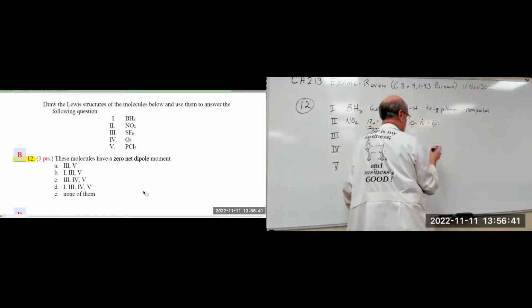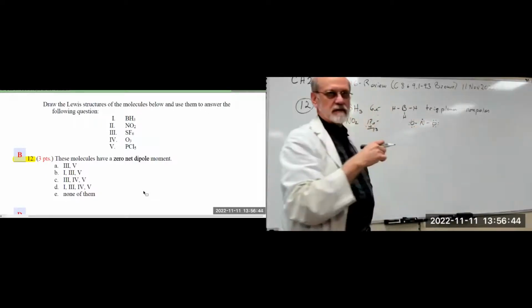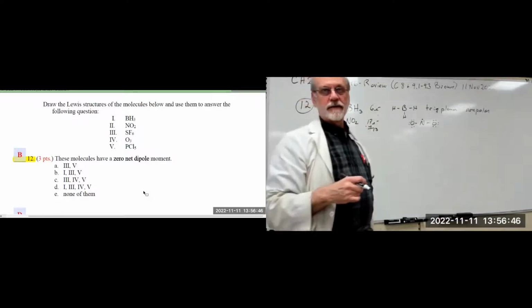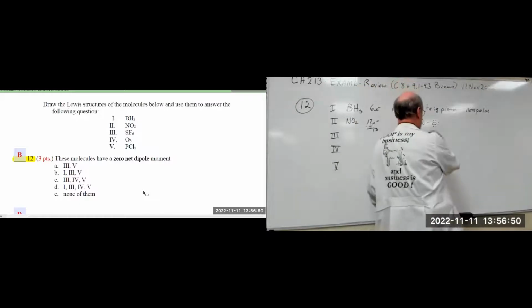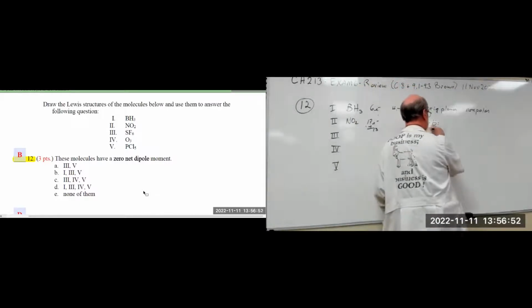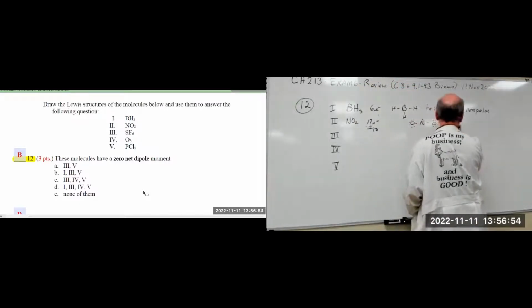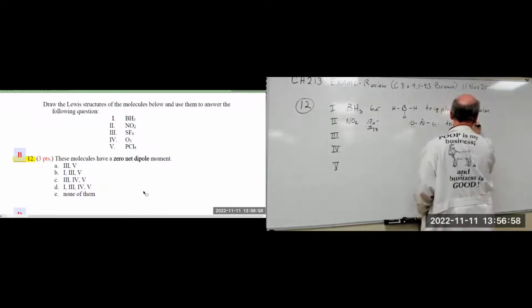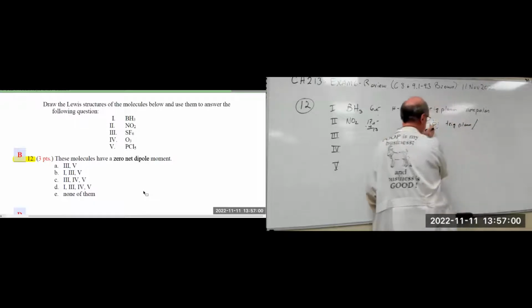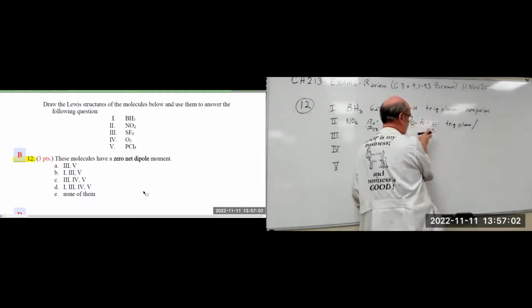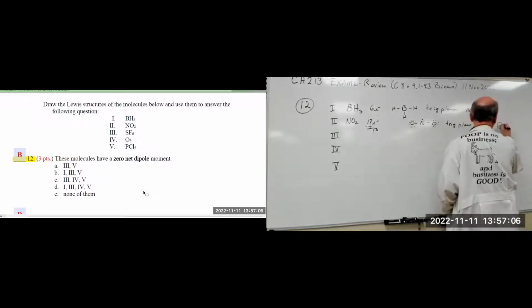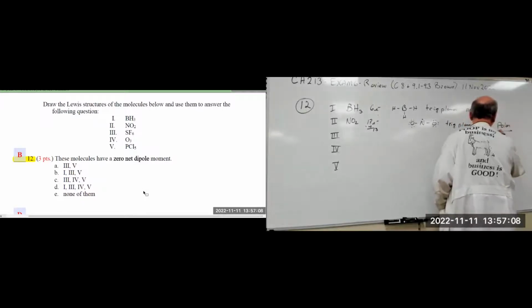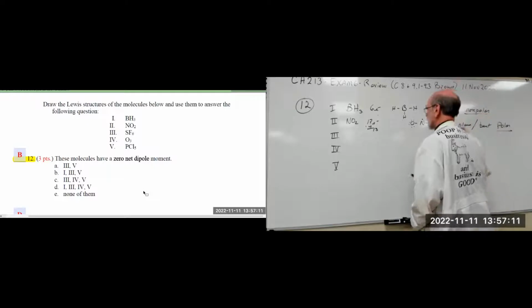It goes right there. This happens to be a free radical, an unpaired electron. But you still count it as a group. So 3 groups is trigonal planar, electronic, and then the molecular structure would be bent. This is polar. That one's nonpolar.